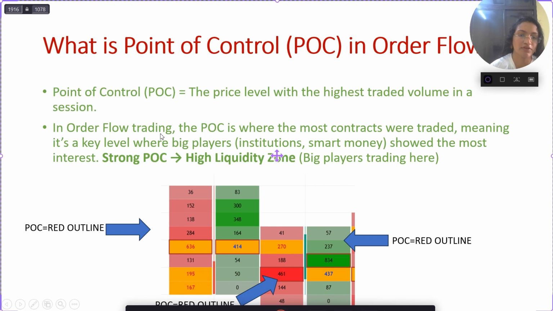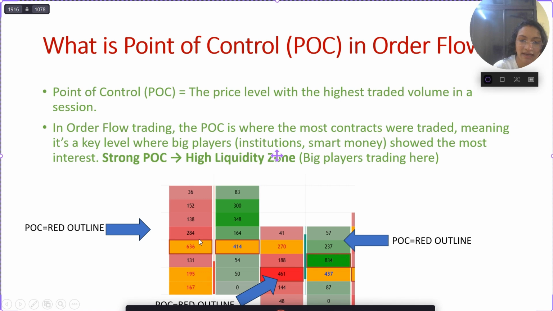In order flow trading, the point of control is where the most contracts were traded. Meaning it's a key level where big players, institutions, smart money showed the most interest. A strong point of control equals a high liquidity zone. So this is the big players' trading zone.